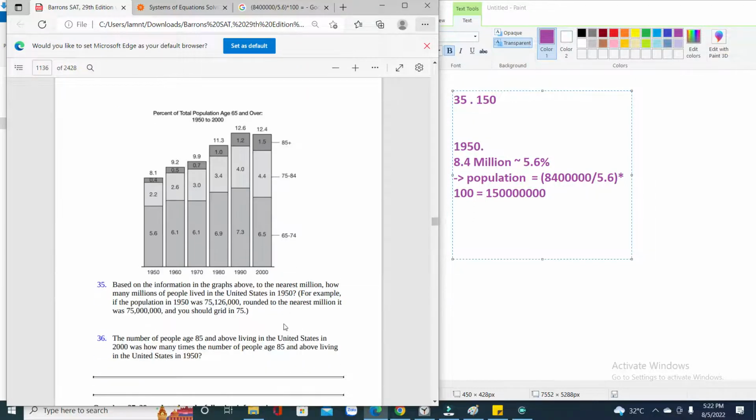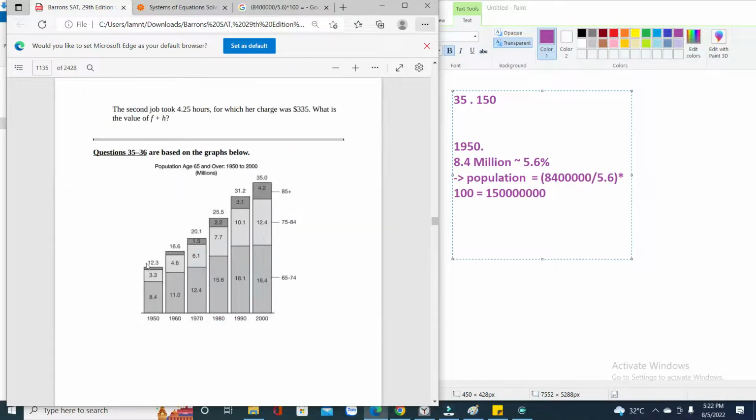Yeah, 12.3 divided by 8.1, exactly, that's what you should calculate.